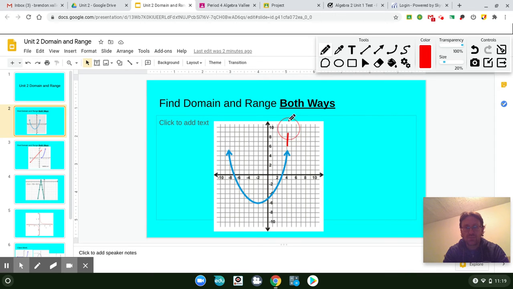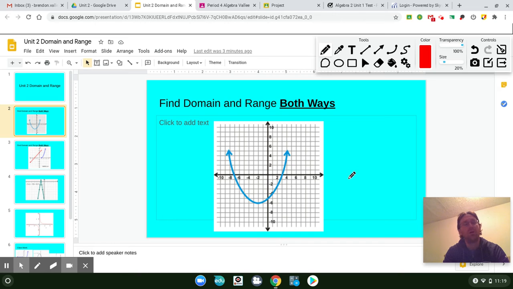Range, as we said, it goes on forever going up top here, but it does stop. It goes down and comes right to this point right here, and it doesn't go any further down. So we have to figure out what that point is, and it looks like it's -6.